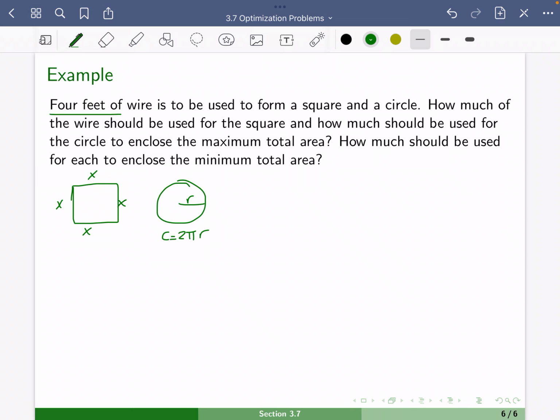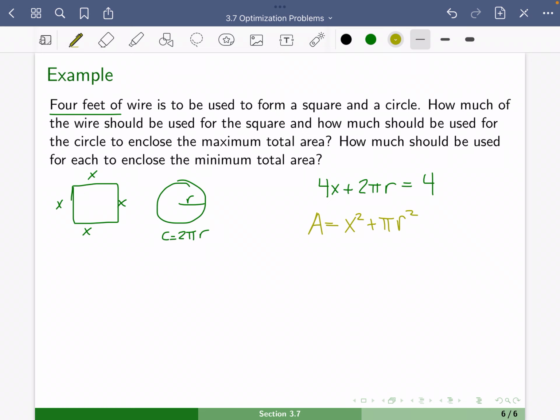We know we have 4 feet of wire, so 4x plus 2 pi r should be equal to 4. And what are we trying to optimize? Well, we want to optimize the total area. That area is going to be x squared plus pi r squared, the area of the square plus the area of the circle.